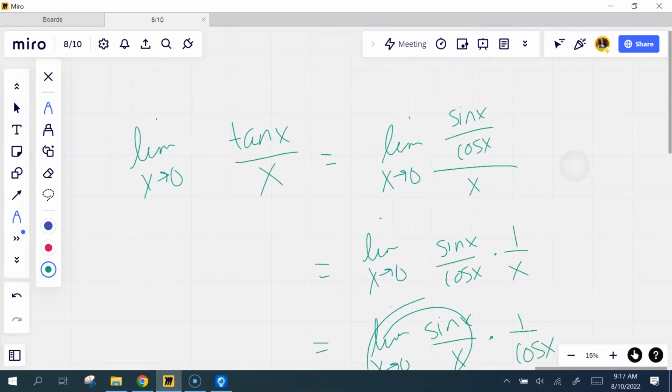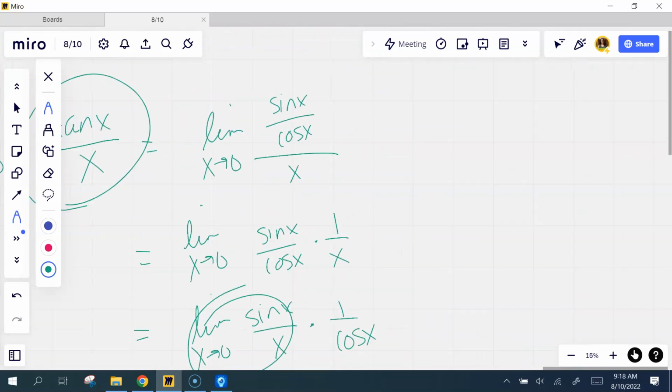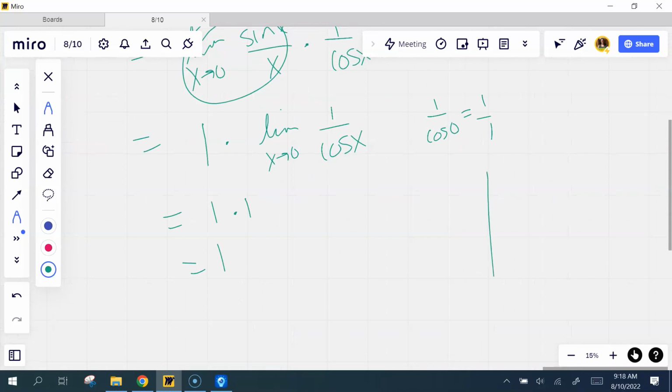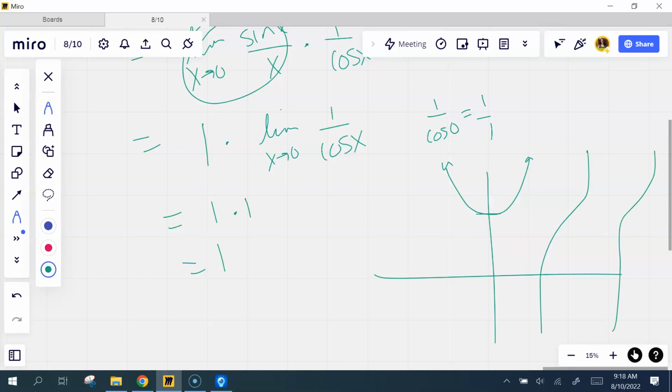This one, by the way, tan x over x, it does something like this. So as I go to 0, it does approach 1 from both sides. Are y'all okay? That doesn't stress you out or anything, does it?